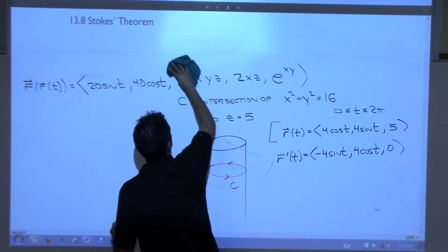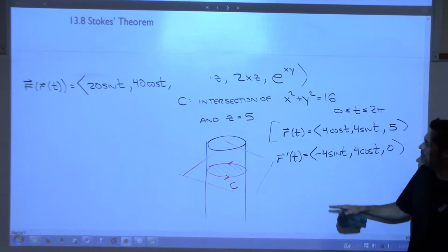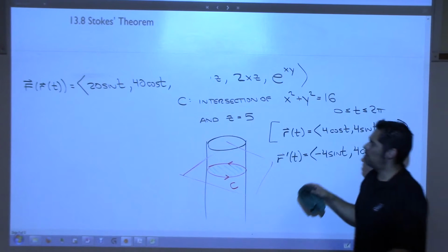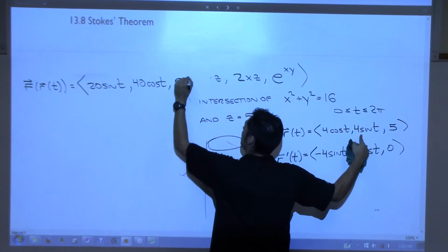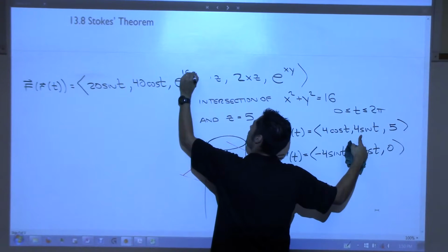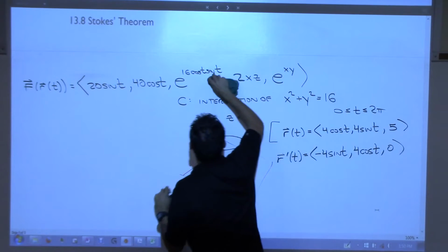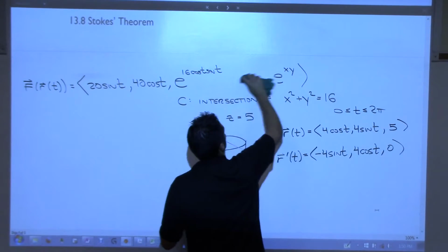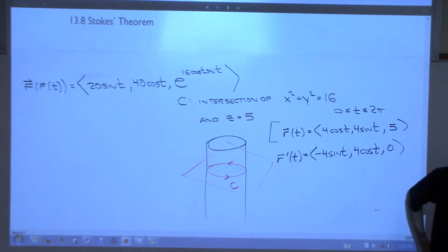And then the last piece is e to the xy. E to the 16, right? Because this is 16 cosine t sine t. That's F of r of t.